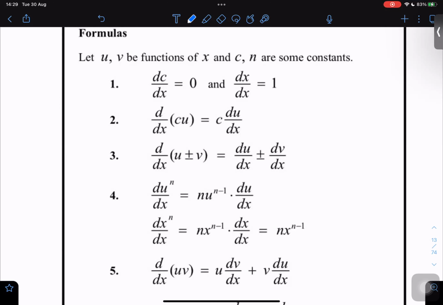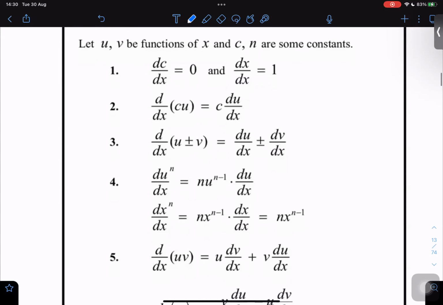Can anyone tell me about the exam? Okay, so it's open book, so you can just find the formula in your sheet.